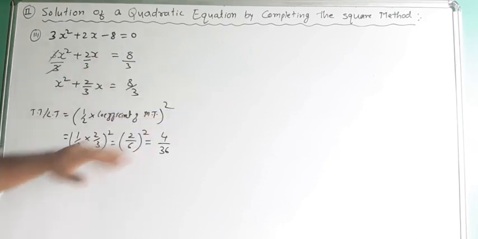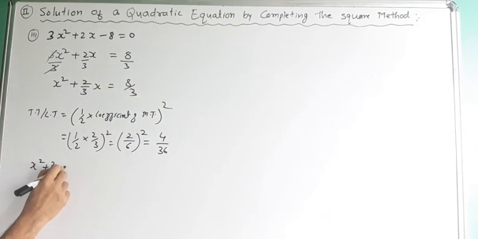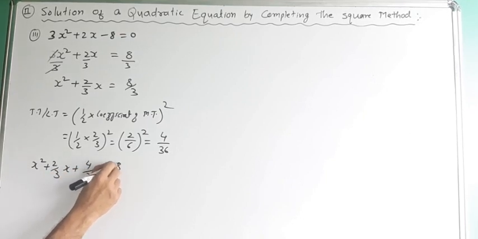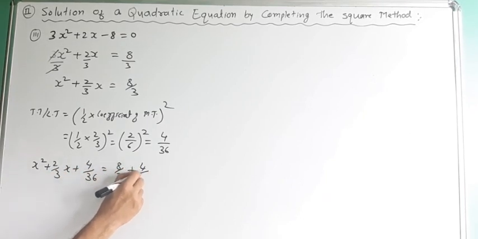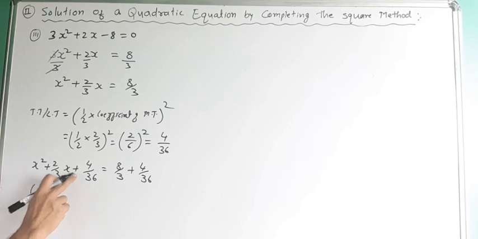So add 4 upon 36 to both sides: x square plus 2 upon 3 x plus 4 upon 36 equal to 8 upon 3 plus 4 upon 36. This last term I am adding to both sides. Now this is a square plus 2ab plus b square, so from this we will get a, that means x. Here the sign of the middle term is plus.